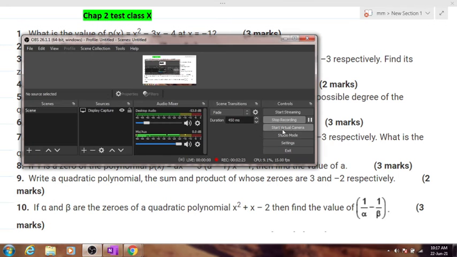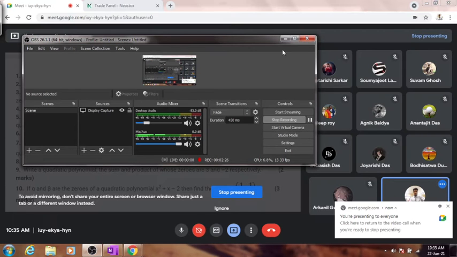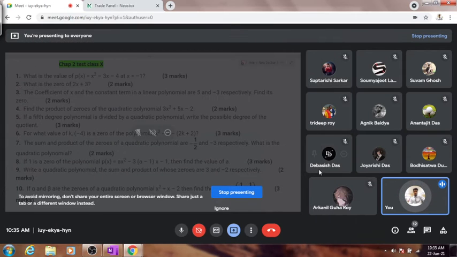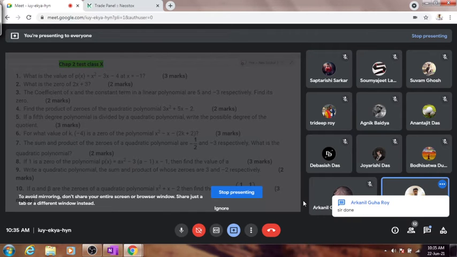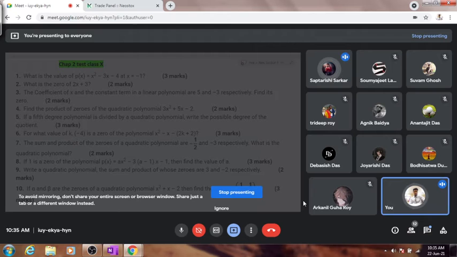I'm pausing the video. Achha, now how many are done with at least 8 numericals? Bodhishwata is done at least with 8 numericals. How many else? Somojit? Saptarishi? Saptarishi, how many numericals done? Arkanil, Guara, all 8 numericals done? Oh, sorry, all 10 numericals done.